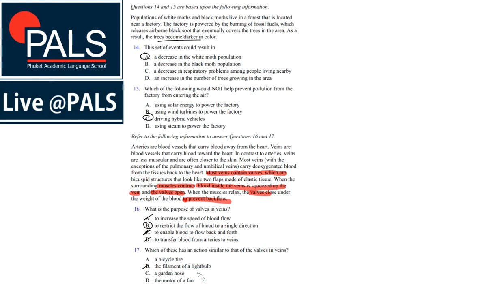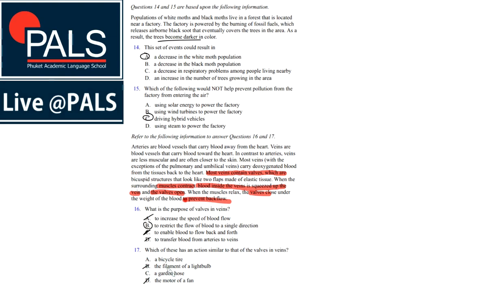Filament of a light bulb has a high resistance. It allows electricity to flow through it, but it would allow electricity to flow in both directions, so nothing to do with a valve. A garden hose, yeah, maybe to some extent, but let's see if we'll find something better. The motor of a fan, I don't think this has to do anything with a valve either.